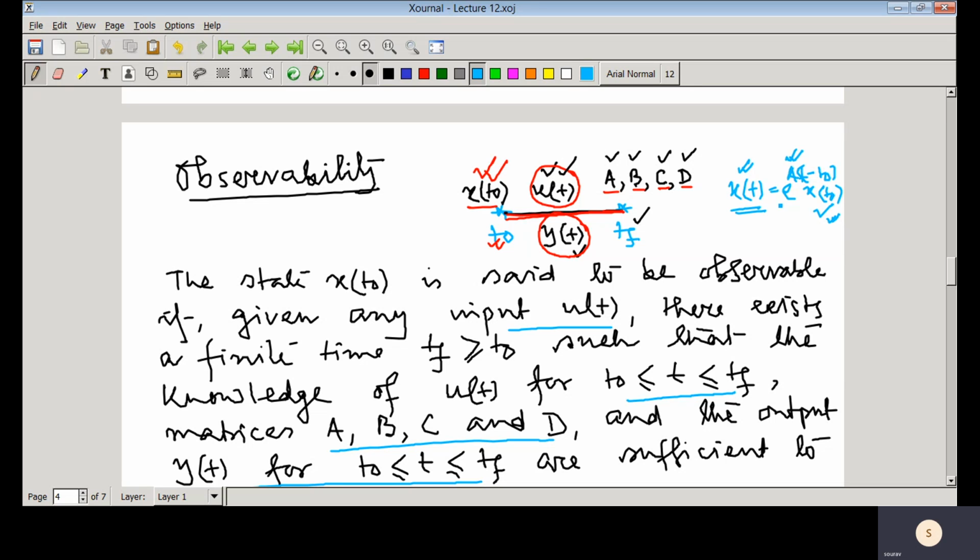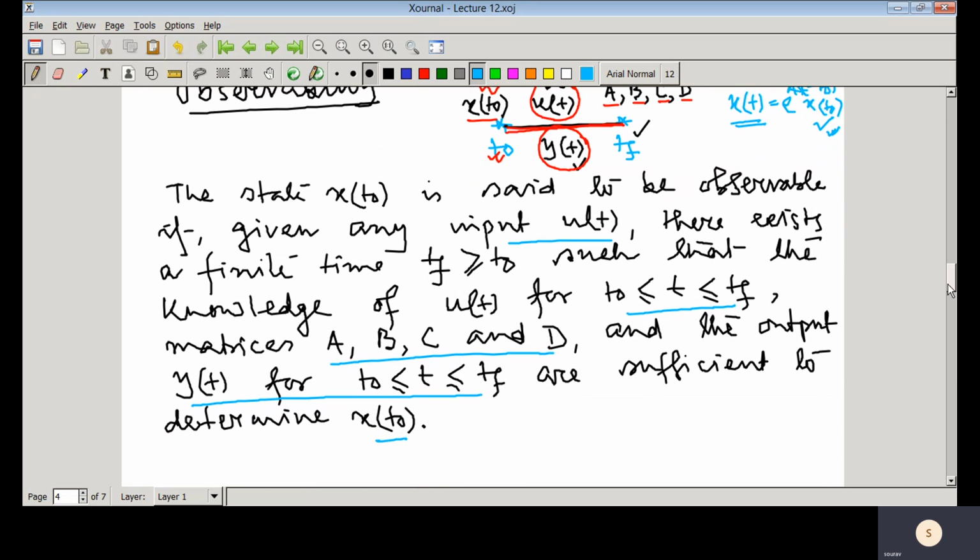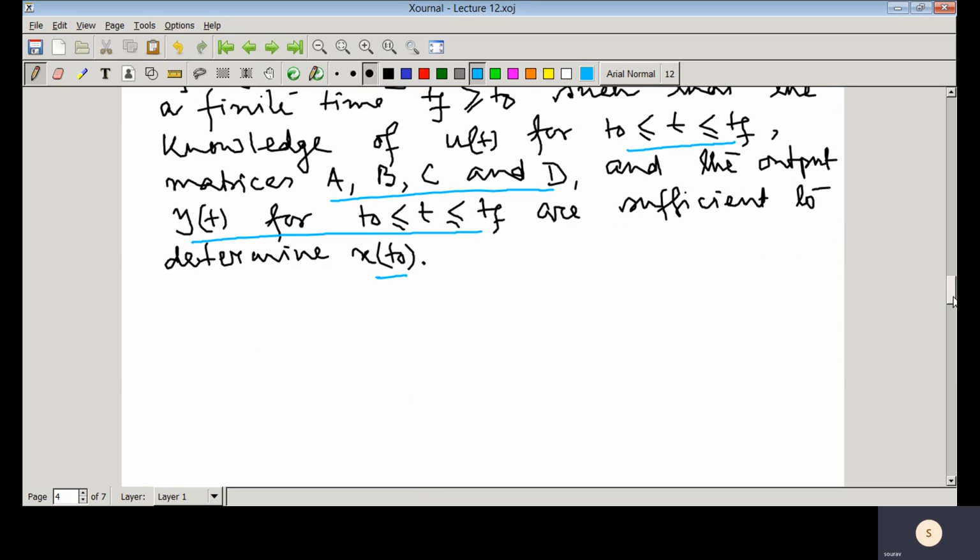So this is actually the concept. That means for a given state space realization, if you can calculate x(t0) for given u(t), y(t) and A, B, C, D matrices in that time interval t0 to tf, then the system is said to be observable.